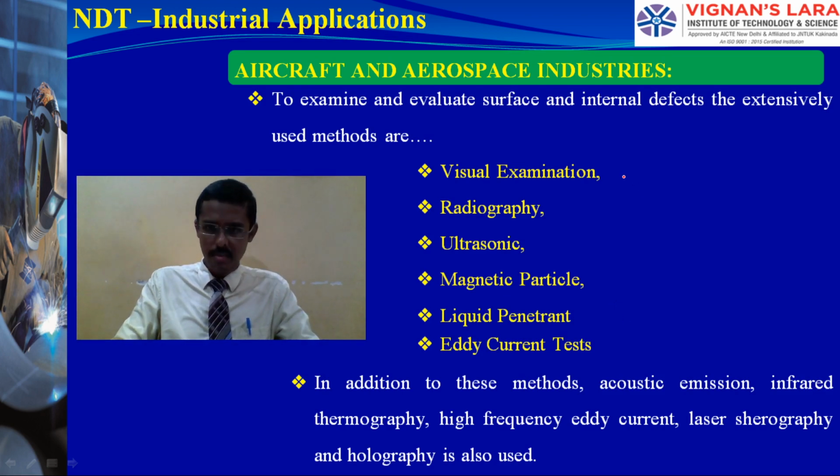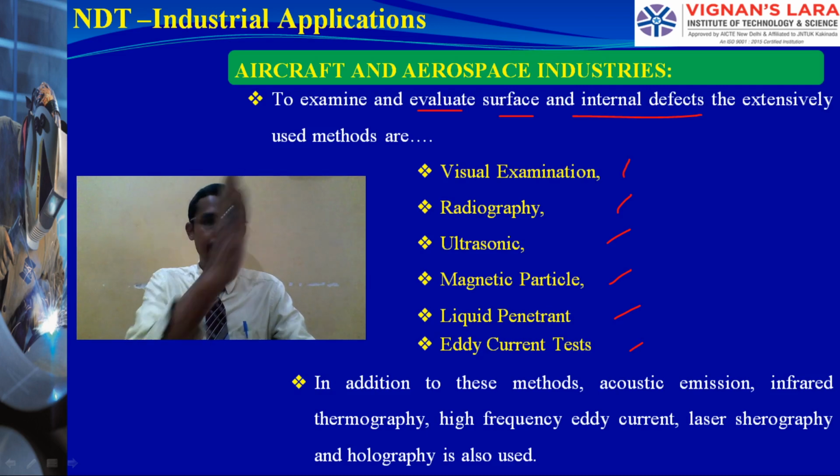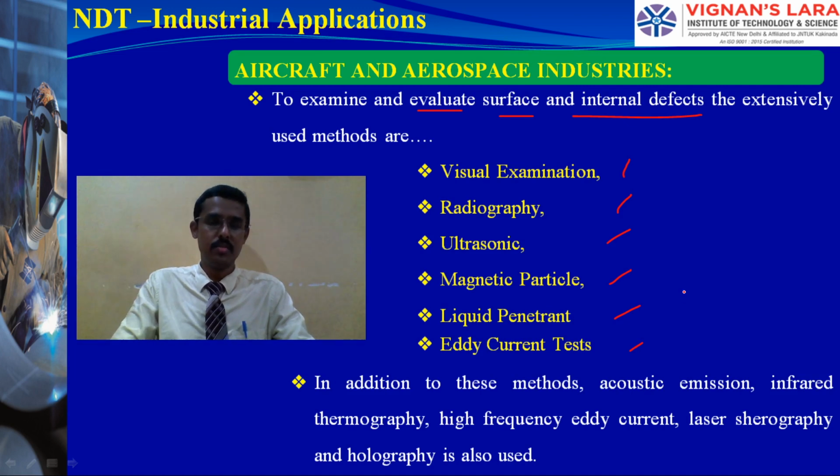The same visual inspection, radiography, ultrasonic, magnetic, liquid penetrant, and eddy current tests are chosen for evaluating surface and also internal subsurface defects. We also studied this in the same pattern: what are the surface defects, what are the subsurface defects, and identify the methods.